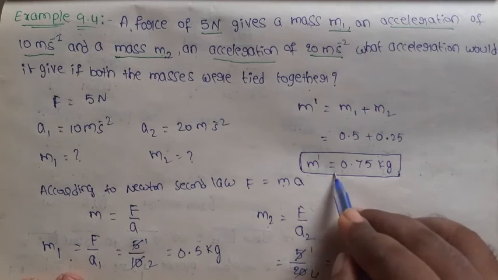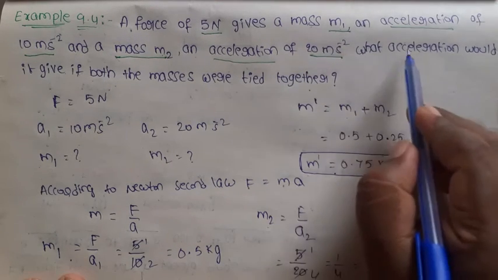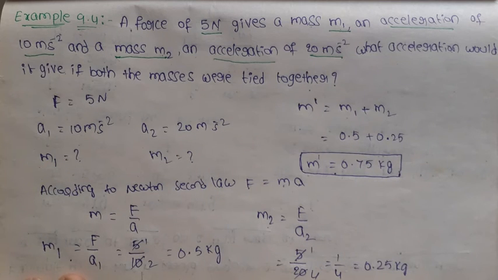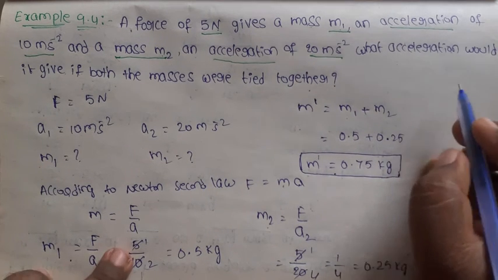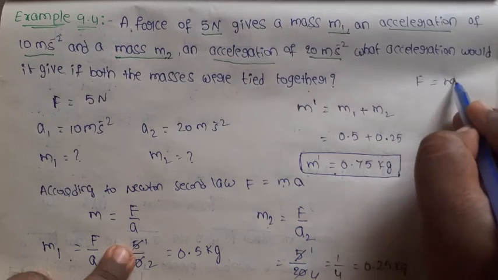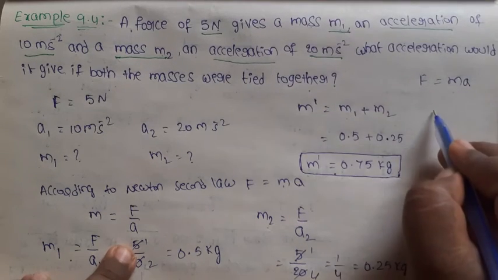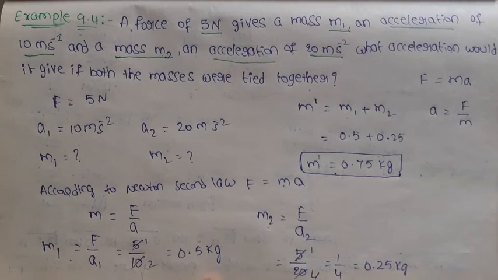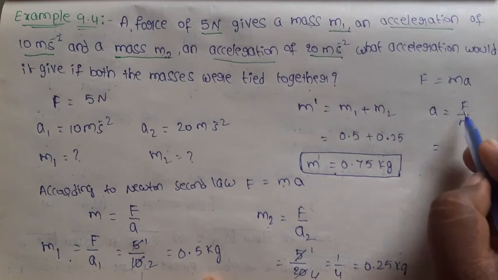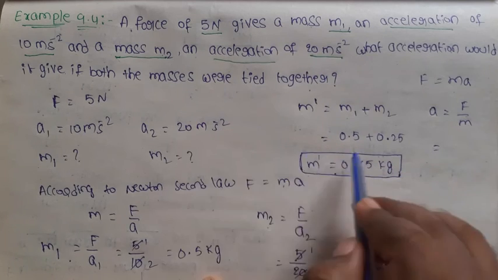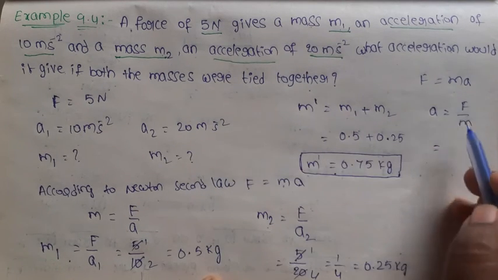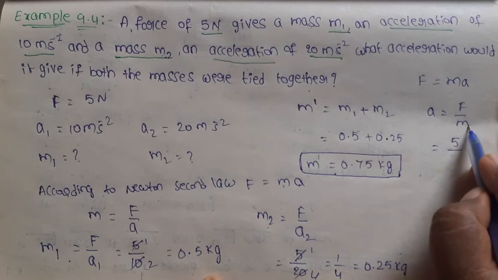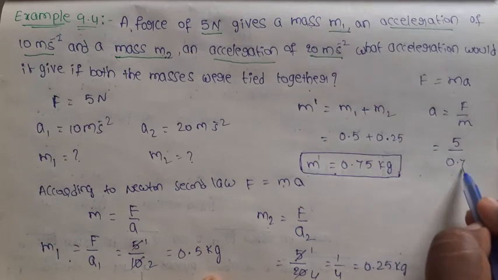So using this mass, what acceleration would act on the mass? Find out the acceleration, F equal to ma. We are going to find the acceleration a equal to F by m. When these two objects are tied together, force acting is the same, 5, by mass which has increased to 0.75.